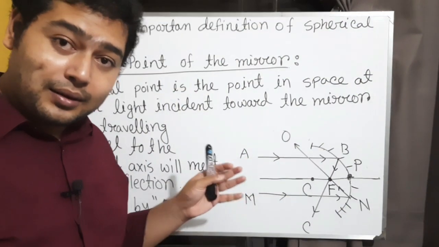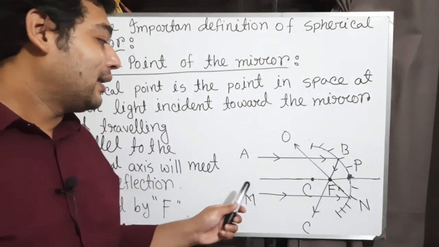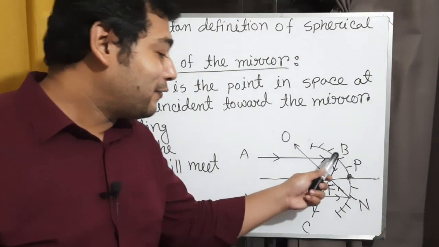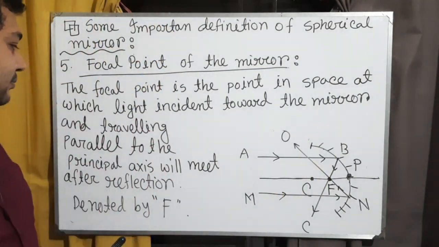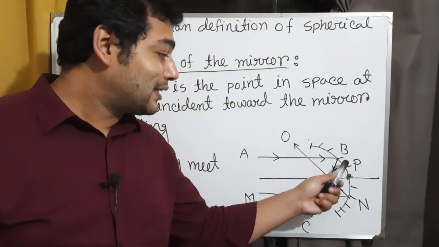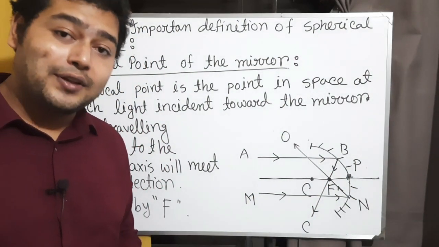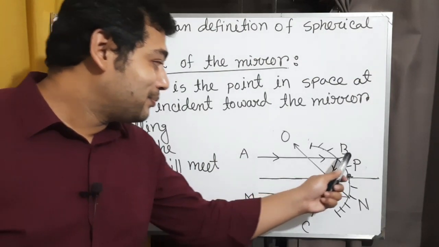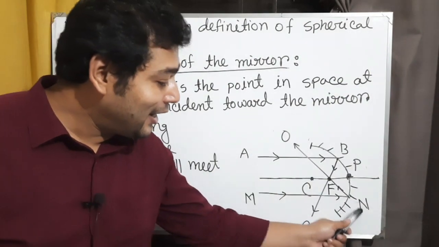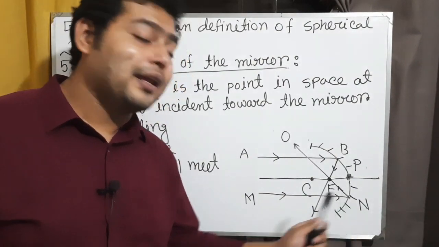These two light rays are parallel to the principal axis, and after incidence on the mirror, these two rays are reflected. So BC is the reflected ray of AB and NO is the reflected ray of MN.